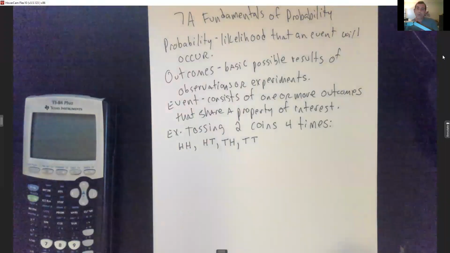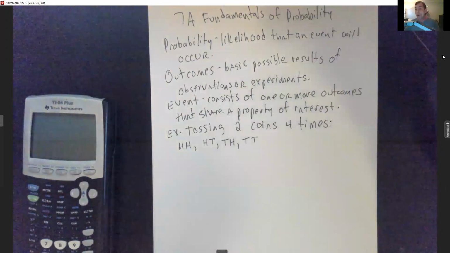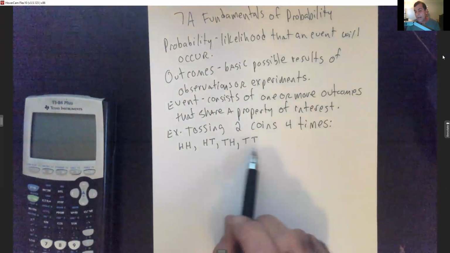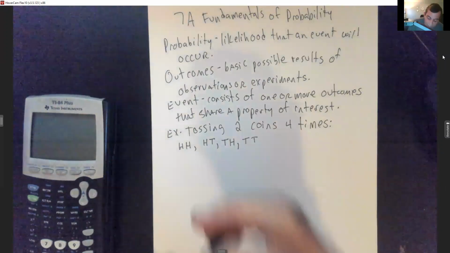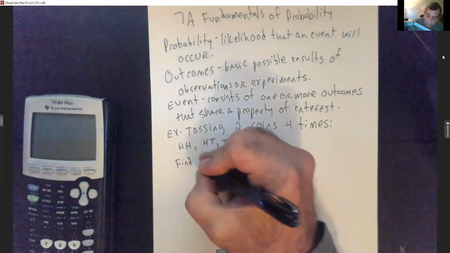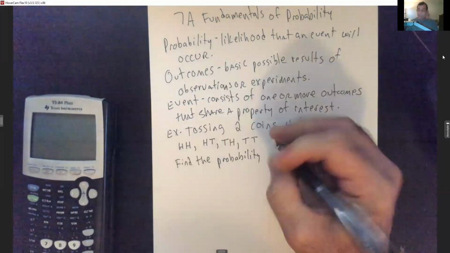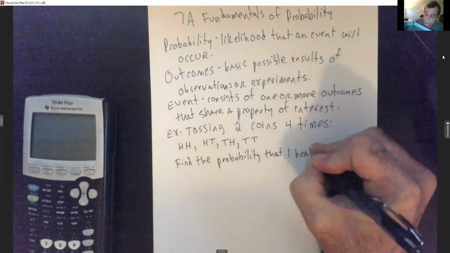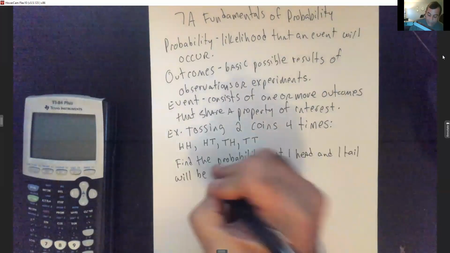So when you're looking at probabilities, you're looking at the possible outcomes that you want versus the overall total outcomes. So, for example, if I wanted to find the probability that one head and one tail will be thrown or tossed.